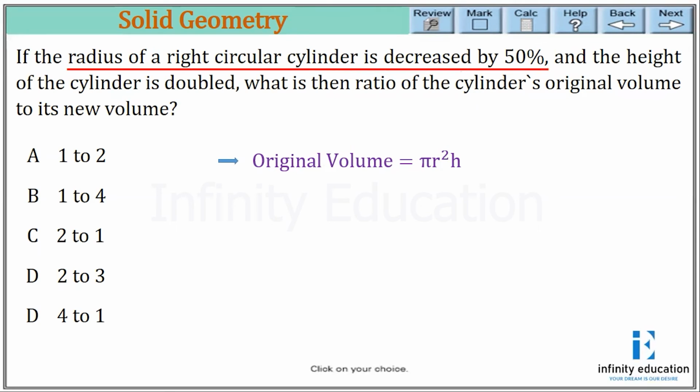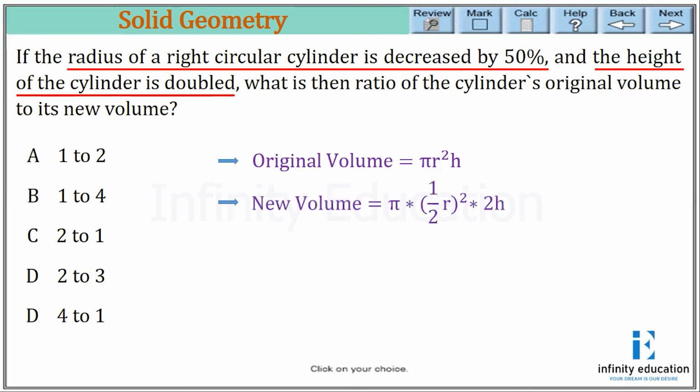Now they are saying the radius is decreased by 50% and the height is doubled. So the new volume should be pi into 1 by 2, because the radius is decreased by 50%. Initially it was r, now it is 1 by 2 r.